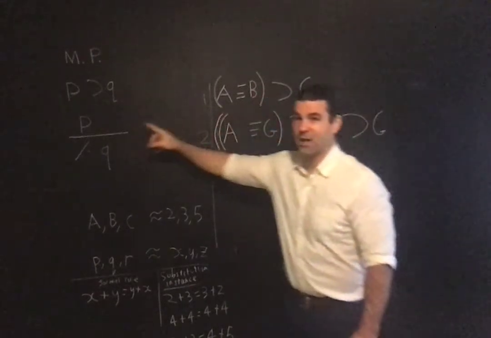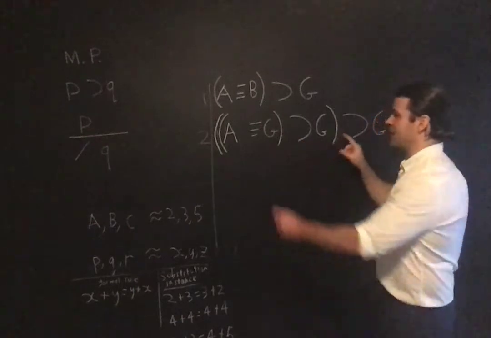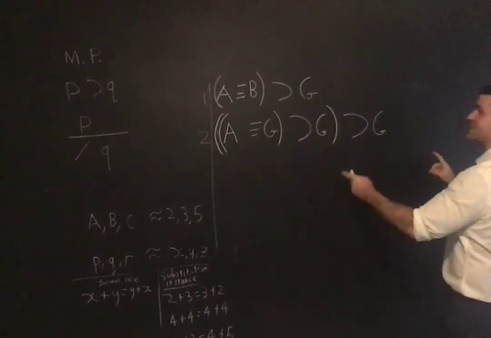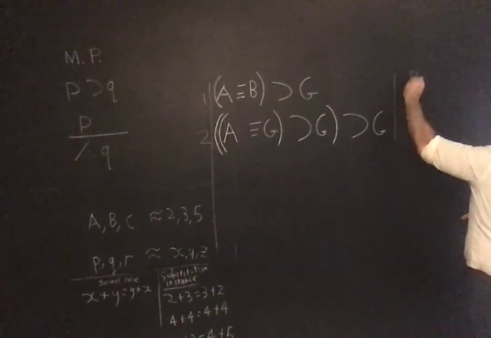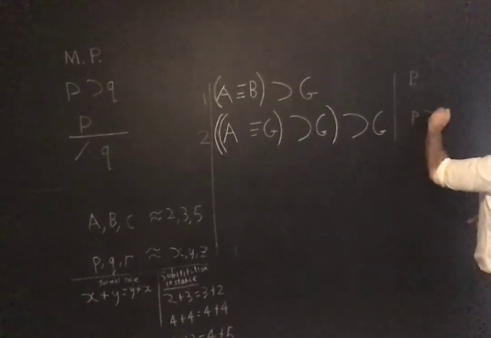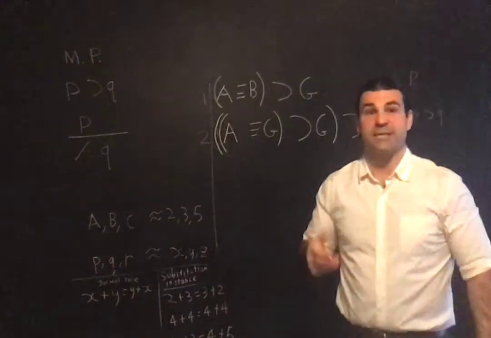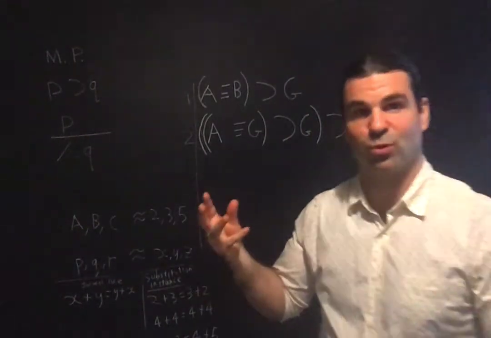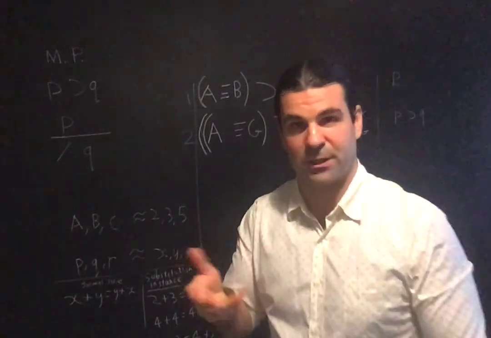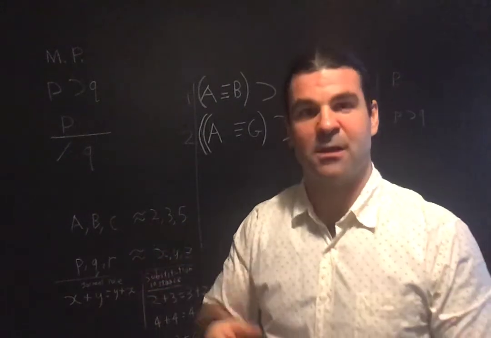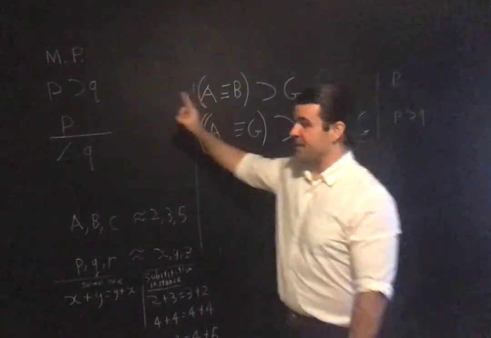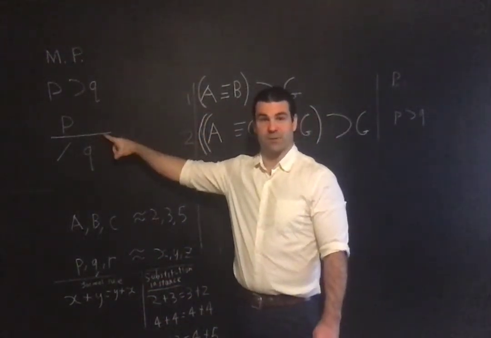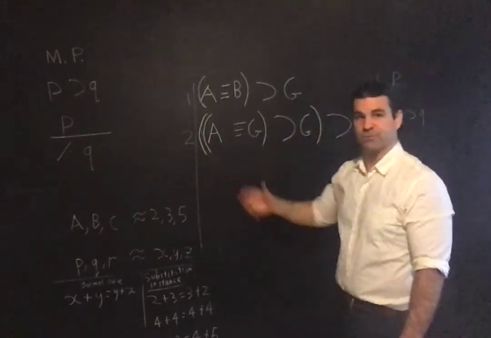And in this case, I'm going to substitute P for this, and this is my P hook Q, right? So I need to see this as P hook Q, right? That is to say, see how I will see it if I am saying the rule, the form, in its full generality, right? What does it say? Given any conditional and the antecedent of that conditional, you're entitled to infer the consequent of the conditional, right?